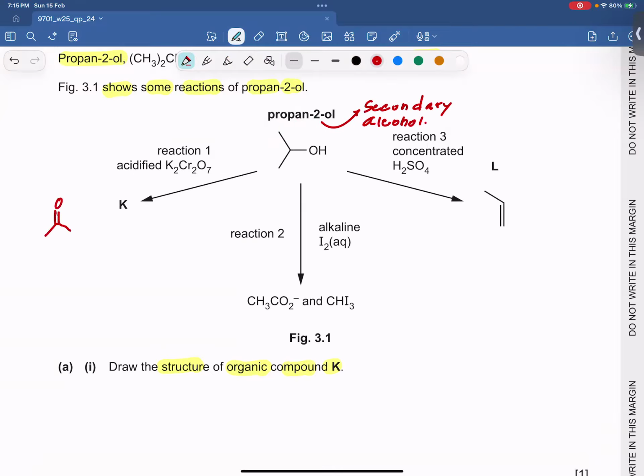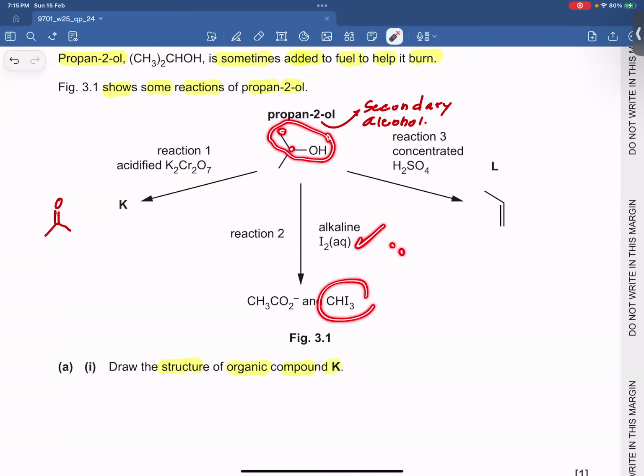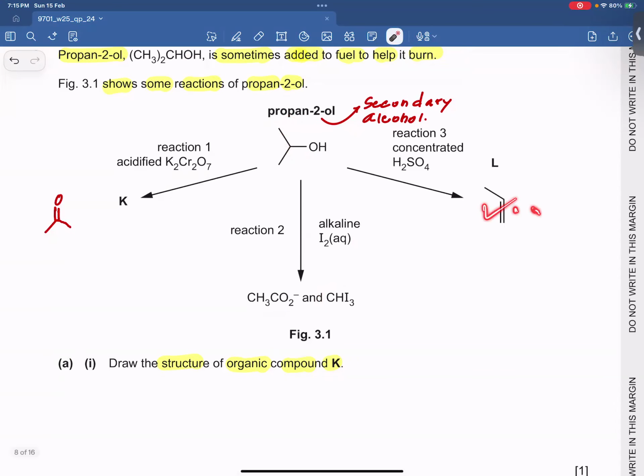So that's going to be propanone. Since we have CH3CHOH group, which means I'll get the positive test of iodoform, which is why I'll get iodoform and salt of ethanoic acid. On dehydration, I'll get propene.